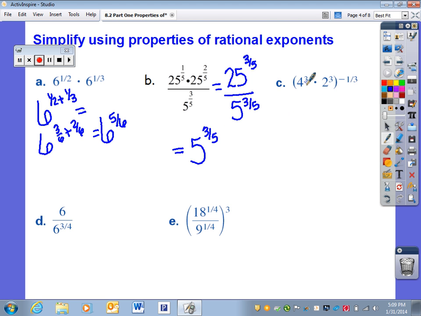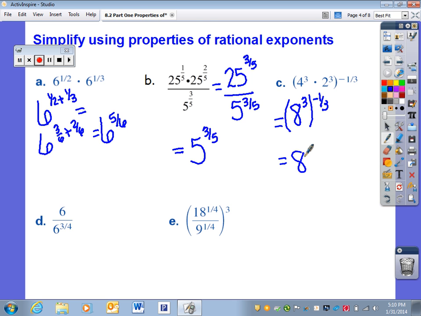In the next example, we have 4 to the 3rd power, and we have 2 to the 3rd power. Again, since the exponent is the same, we can work with the bases. 4 times 2 is 8, and that's going to be to the 3rd power. And then we're going to raise that to the negative 1/3 power. When we have a power raised to a power, we are going to multiply the exponents together.